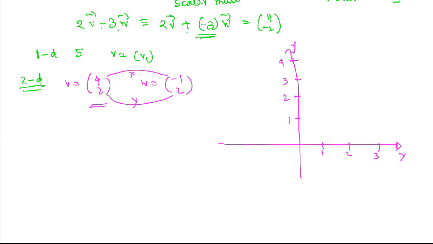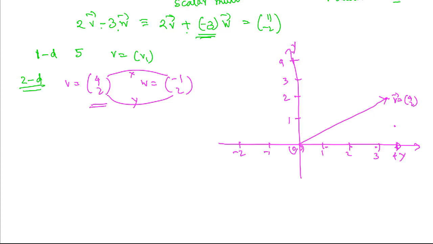Maybe we need even more. 1, 2, 3, 4 and 2: 1, 2. So put a point and draw a line from the origin, 0, 0. Let's put the negative axis as well, and call it a vector. This is how you represent a vector. So essentially this represents V equal to 4 and 2.